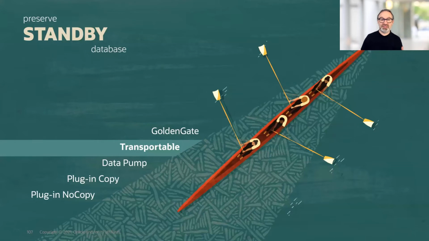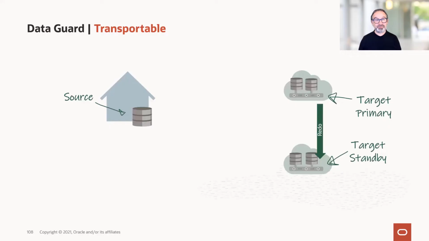And the same applies to transportable tablespaces. Now we would like to transport into a new PDB, and we would like to keep our standby in shape. So I have my source. Let's say it's on AIX. I have my target environment, my new CDB with a standby, and I already created, maybe it's on Linux, a fresh pluggable database because this is the pluggable database I would like to transport into.